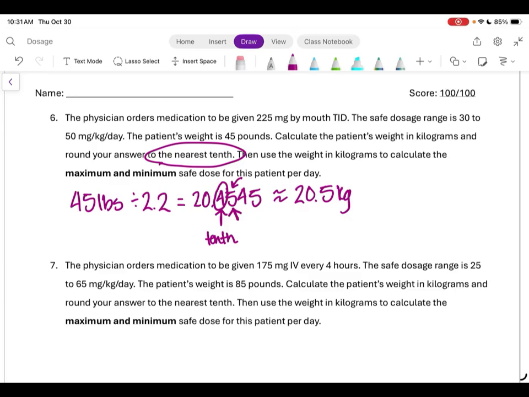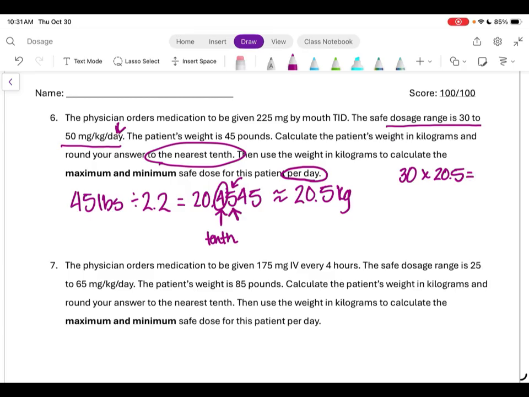It's 20.5. Now we have to use it to calculate the maximum and minimum safe dose for the patient per day. Which is easy because our dose range is already given to us in a per day format. So 30 is our minimum, and I multiply it by my weight.